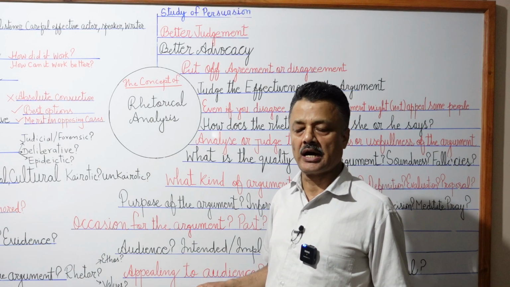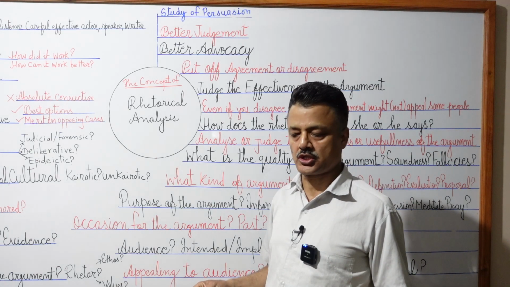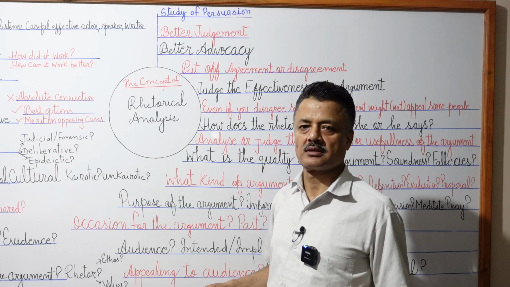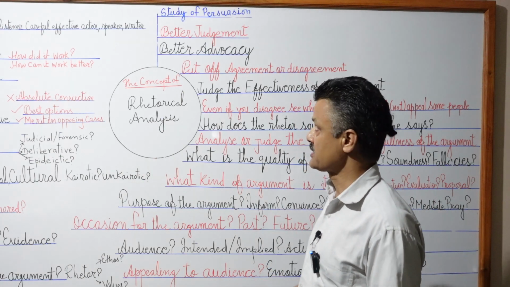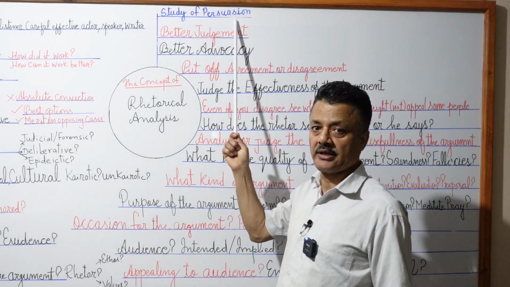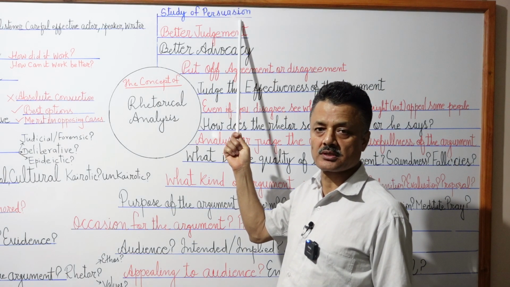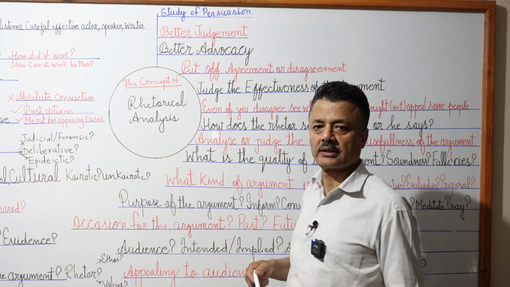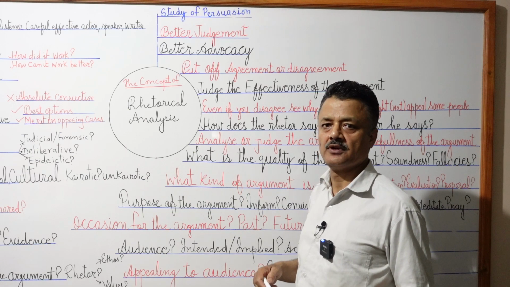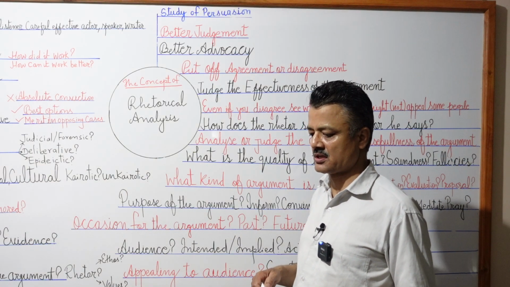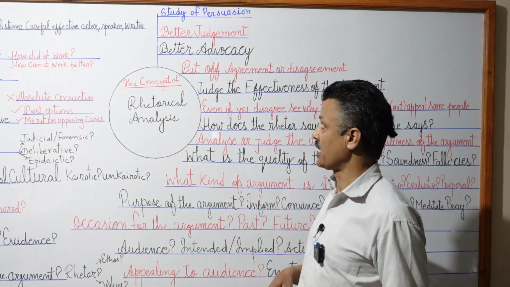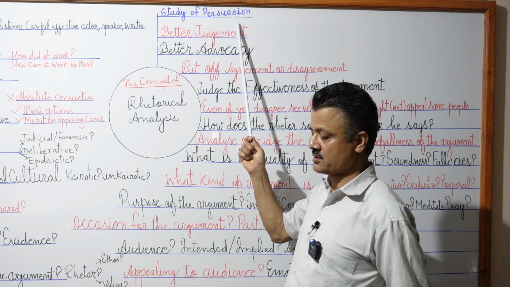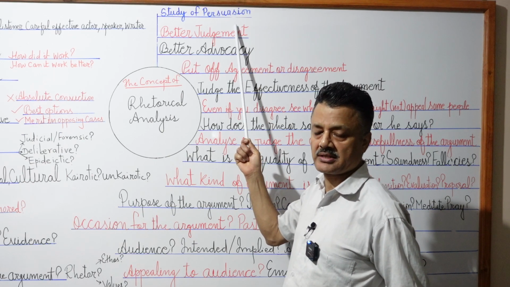They make an argument, they make assertions, they make claims, they express their views, and they want their readers or viewers or audience to follow what they are saying, to believe what they are saying, to be convinced about what they are saying. So to convince the readers, writers use various strategies.